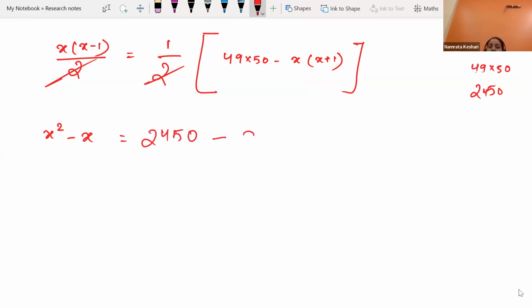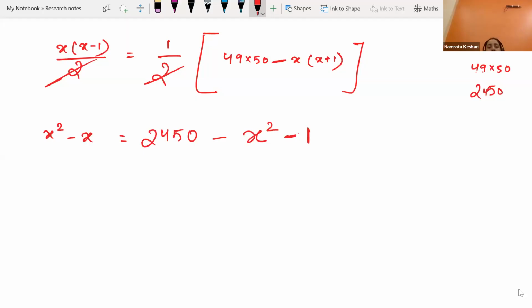Then minus x square and then minus 1 or plus 1. It will be plus 1? Here there's a minus sign, so it will be minus 1.